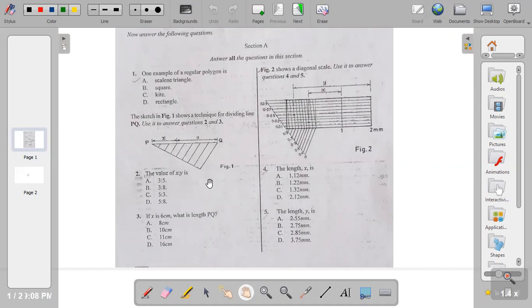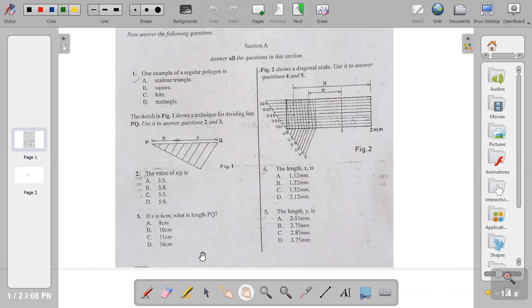Now the question says the value of X ratio Y. So let's see, X is 1, 2, 3, and Y is 1, 2, 3, 4, 5. X ratio Y is 3 ratio 5, which is A.